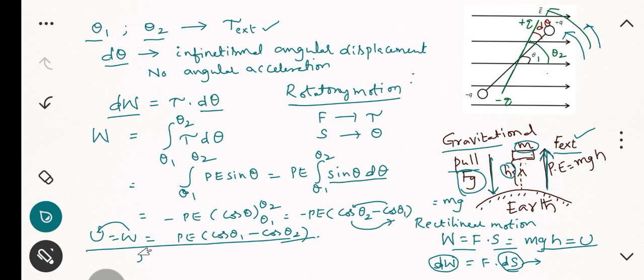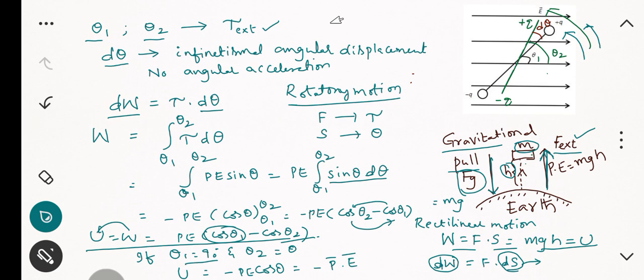If theta 1 is equal to 90 degrees and theta 2 is equal to theta, then we get U is equal to, this term will become 0 as theta 1 is 90 and cos 90 is 0, so we get minus PE cos theta. By the definition of dot product we can write minus P bar dot E bar.